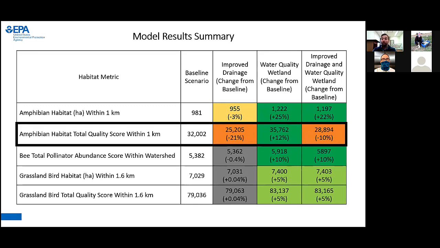However, the total amphibian habitat quality score did decline substantially with drainage improvements, as depressional areas that were not found to serve as suitable habitat experienced large declines in their habitat quality score. And these declines were not completely offset by the addition of the water quality wetland.